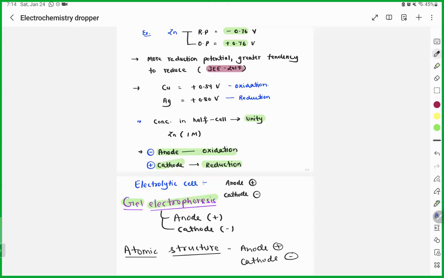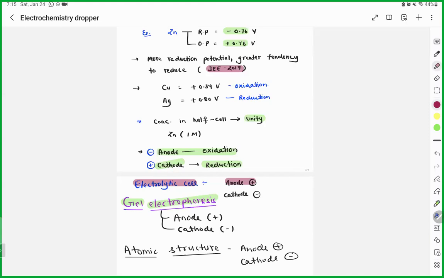So you have to always consider electrolytic cell and anode positive. Cathode will be definitely the opposite. In case of an electrochemical cell, it will be again opposite: anode negative in the electrochemical cell.